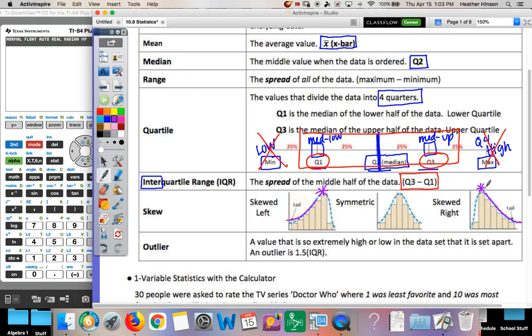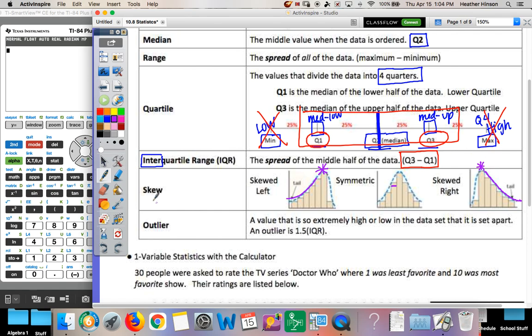All your data is on the left, but it slides off to the right. And then if it's symmetrical, it's going to be pretty perfect on both sides. There may be a little difference on both sides, but overall, it's going to be very, very similar on both sides.